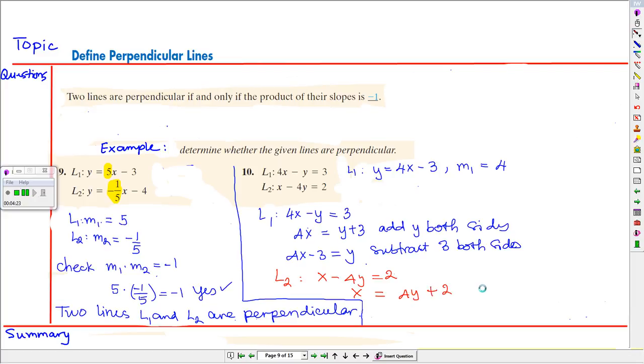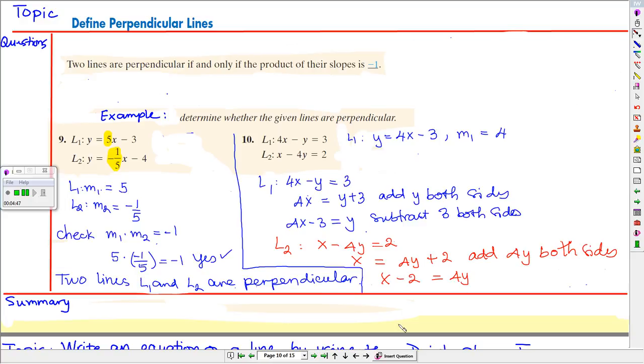So what we did right here is add 4y to both sides of the equation. Next, we are going to subtract 2 to get x minus 2 equals 4y. So what we did right here is subtract 2 from both sides.